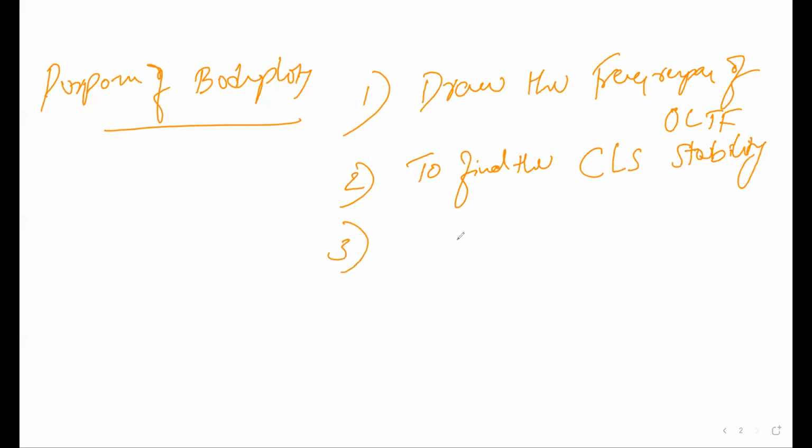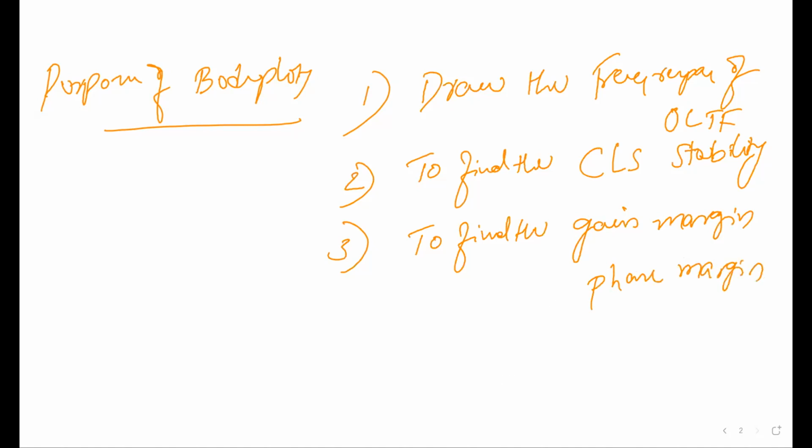And the third one, to find the gain margin and phase margin.